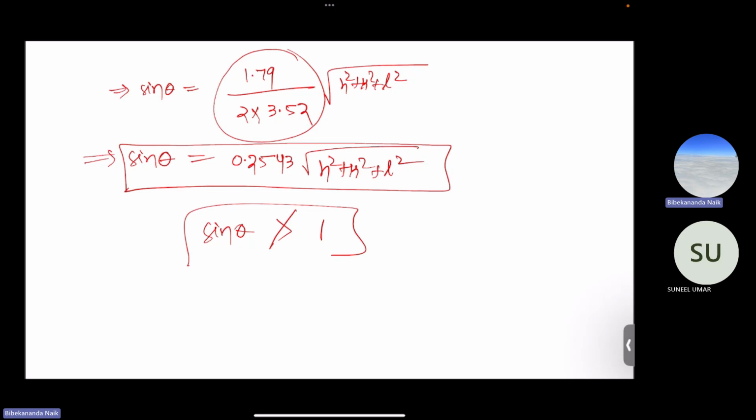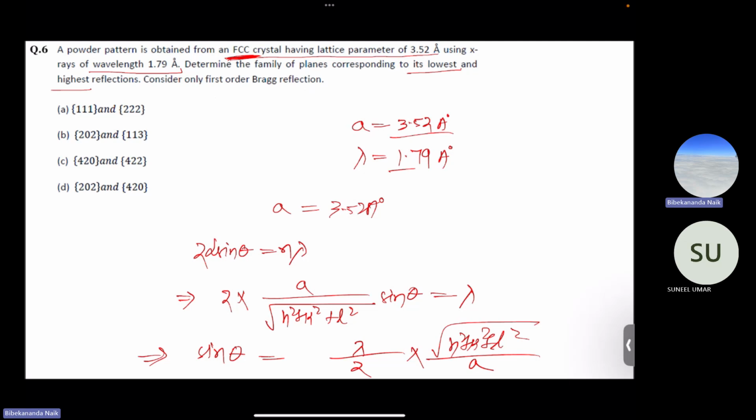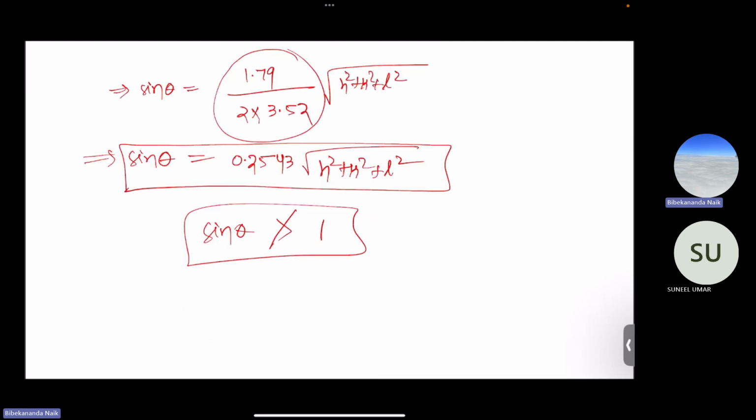We always know the first peak corresponds to 1, 1, 1. We will first list out the planes that will give you the X-ray spectra. These are the HKL values that will give the X-ray spectra, and these are the values of h square plus k square plus l square.